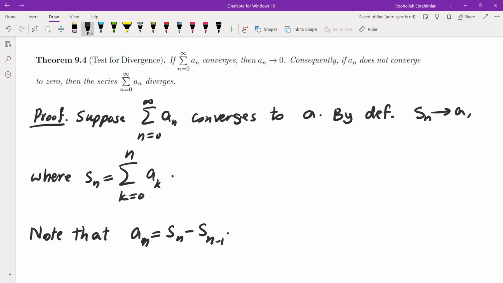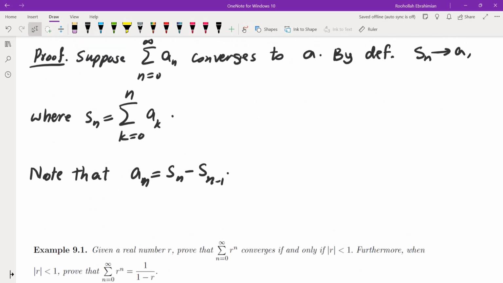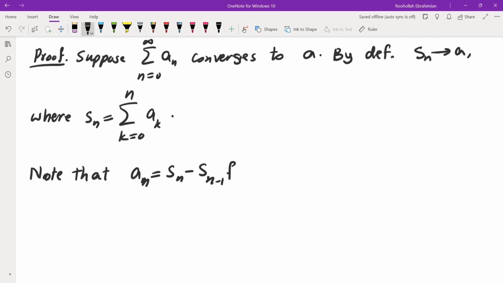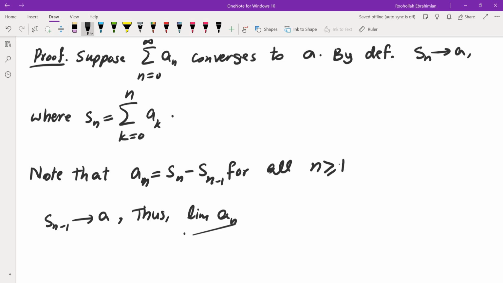But since S_{n-1} is basically the same sequence, for all n greater than or equal to 1, S_{n-1} is the same sequence as S_n. So S_{n-1} also approaches a. So this means the limit of a_n as n approaches infinity is going to be a minus a, which is 0, and that completes the proof.